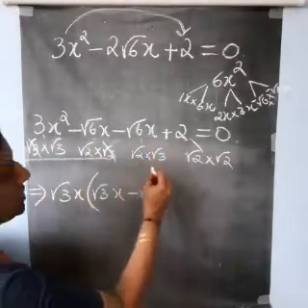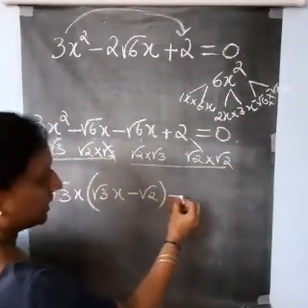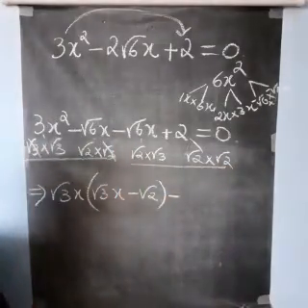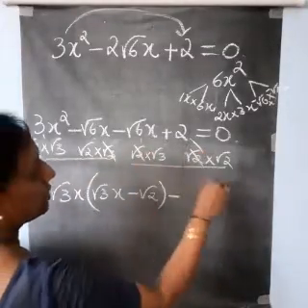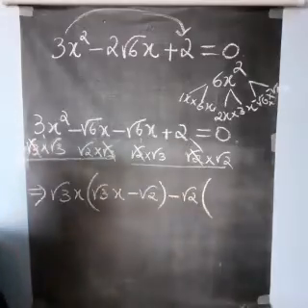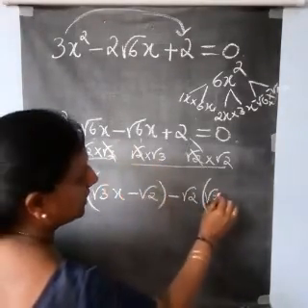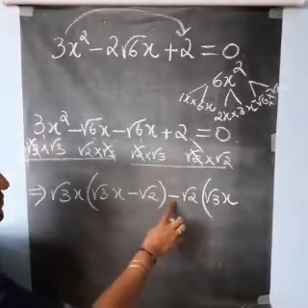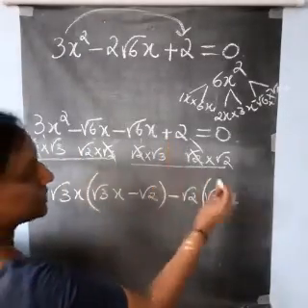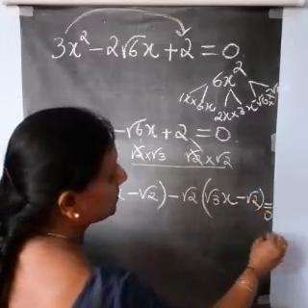Now in these two terms, let us see what is common. When there is a negative sign, put down the negative sign and see what is common. What is common? Root 2 is common. So take out root 2 and what is left? We have root 3x. Now when we have taken out minus sign, this sign will change to minus root 2 equal to 0.